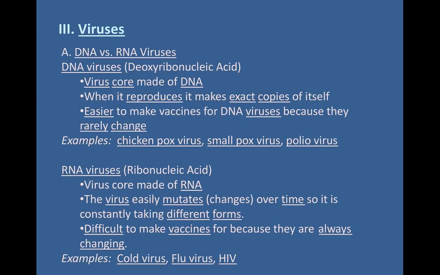They make their best estimate of what they think is going to happen with the flu that season, which forms of the flu might be most likely to be out there, and they try to prevent those. But you'll also know sometimes we have flu shots that don't work very well, and that just means that the flu ended up being different than they were expecting that year. So that's because it's an RNA virus. It's constantly changing. They don't know what's going to come up in flu season. They just have to do their best research and try to predict it.